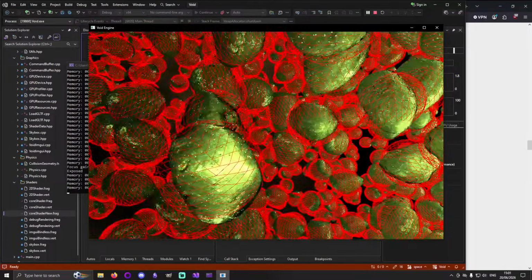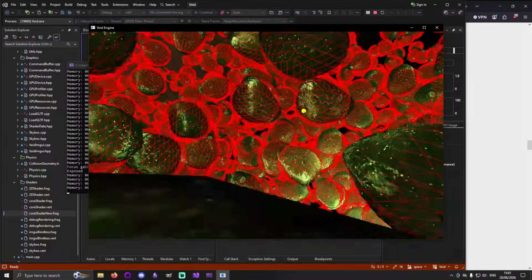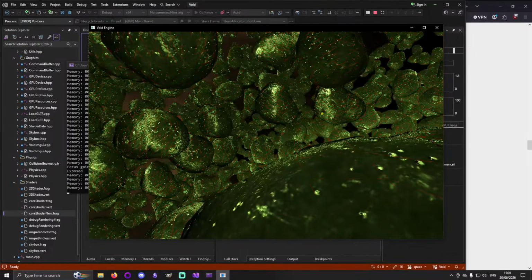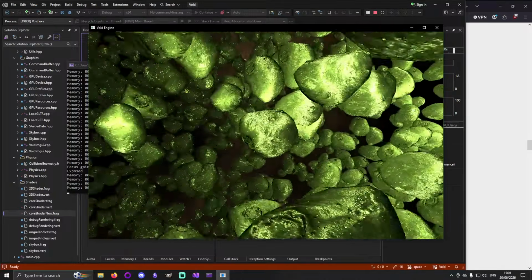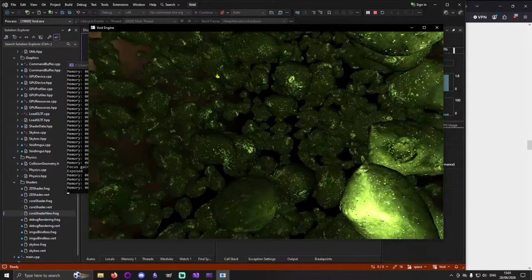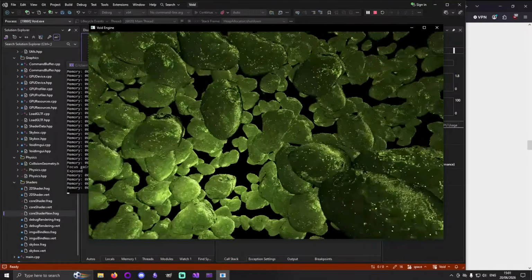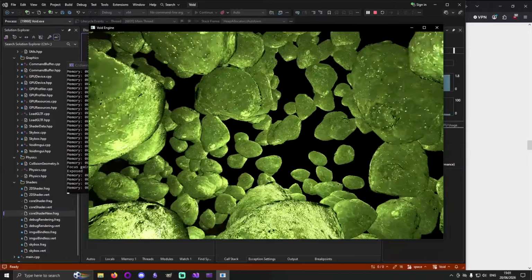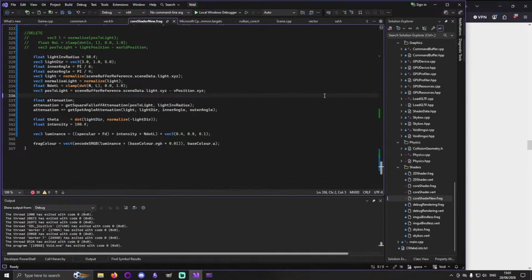That's because we just got an intensity value. Everything is just green. It is more lit in one place though. I think it's just the general direction. Yeah. All right. That was a fail. Let's not do that.